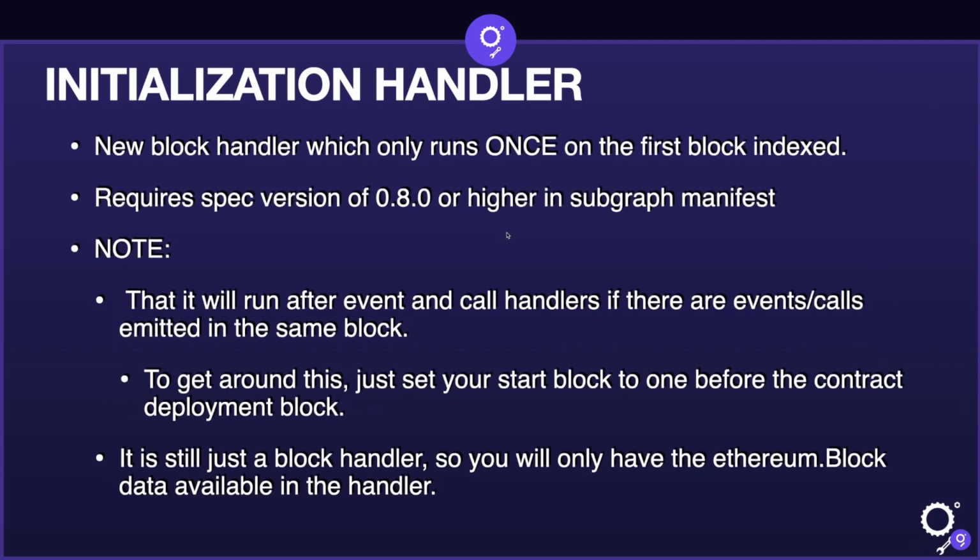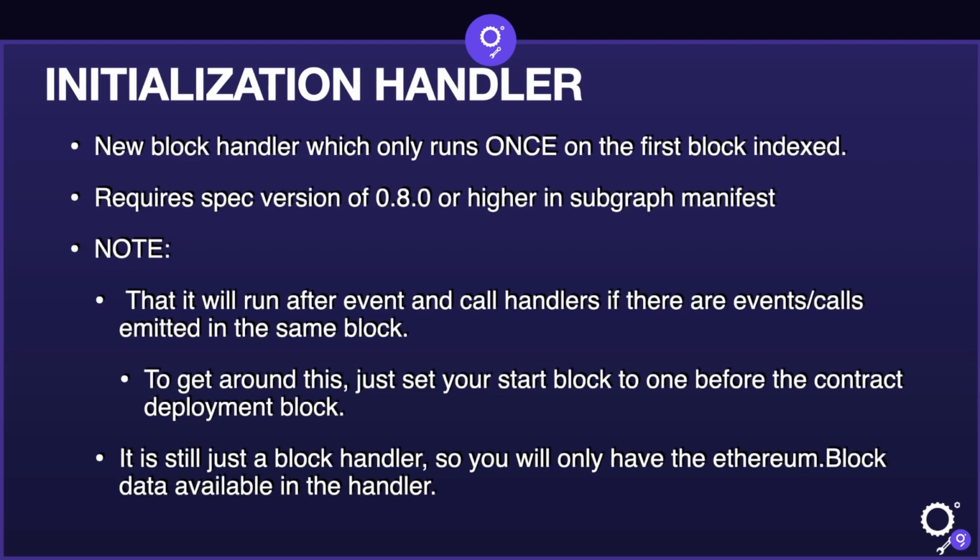And just some notes on the initialization handler: it will run after the event and call handlers that are emitted in that same block. So if the first block of a contract has a bunch of events and a bunch of calls happening, and you want to do some work before that, I would suggest that you set the start block of your earliest contract, where you're doing this sort of initialization handler, to one block before, so that it will run before any of the events or call handlers are emitted.